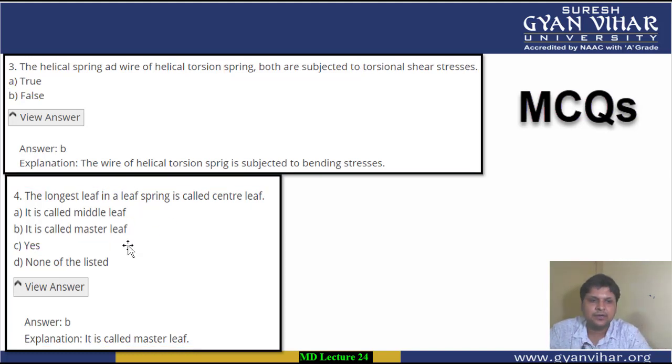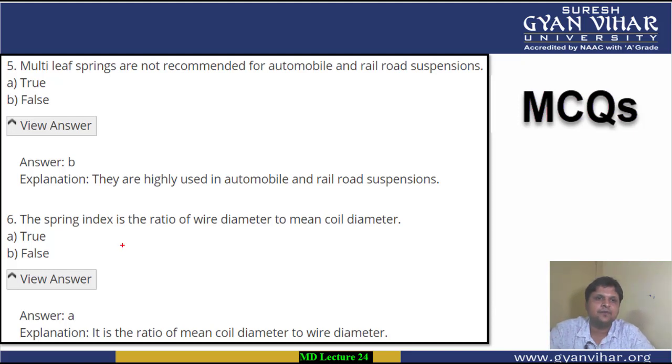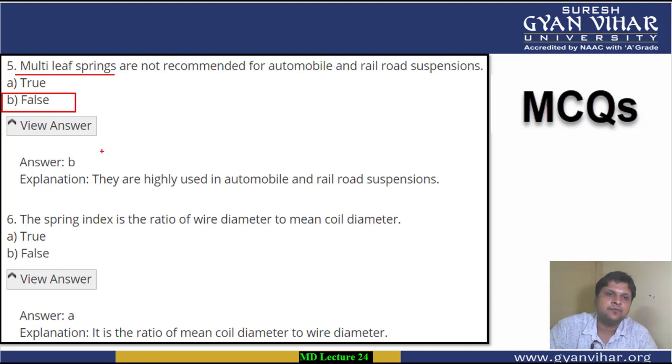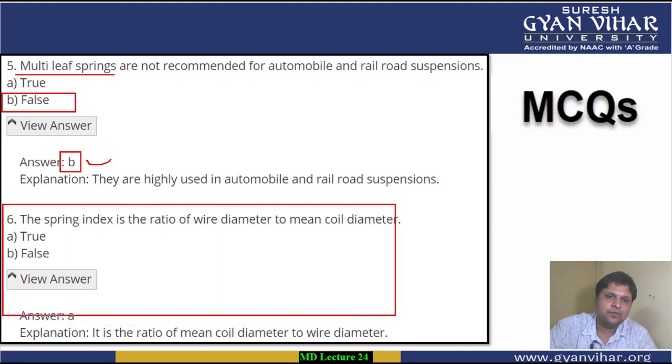Coming to multiple choice question number 5, multi-leaf springs are not recommended for automobile and railroad suspension. This is a false statement, because we all know that multi-leaf springs are used for heavy suspensions and that is needed in railways. Then question 6, the spring index is the ratio of wire diameter to the coil diameter.